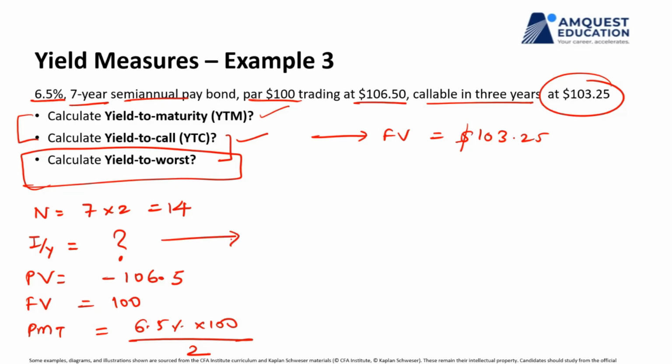And this will give you 2.686%. Obviously, you will have to then multiply this number by 2 to conclude on a YTM of 5.373%. So that should be your YTM number.